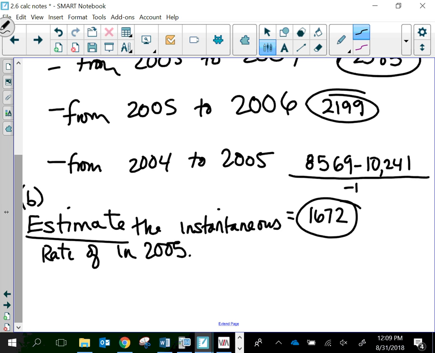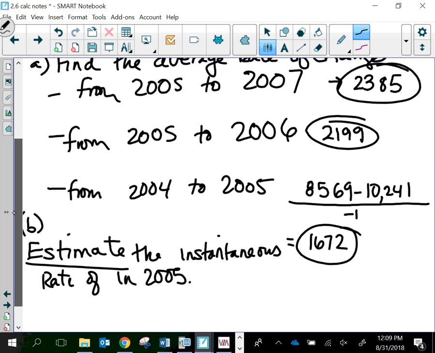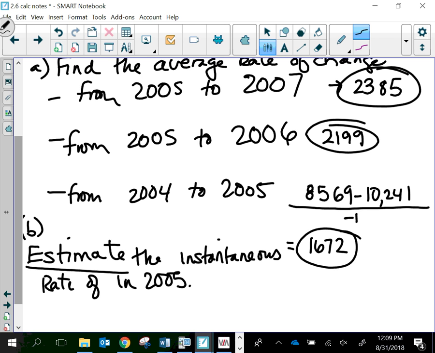Okay? Now, we've really done the work. You just have to decide which one you think is a better estimate. Because the instantaneous is the same as the derivative, so really we're looking at N prime of 2005.